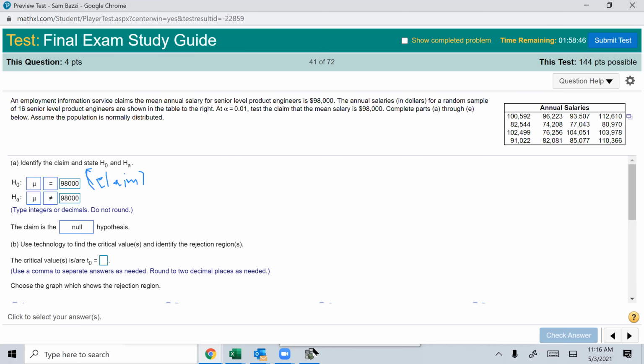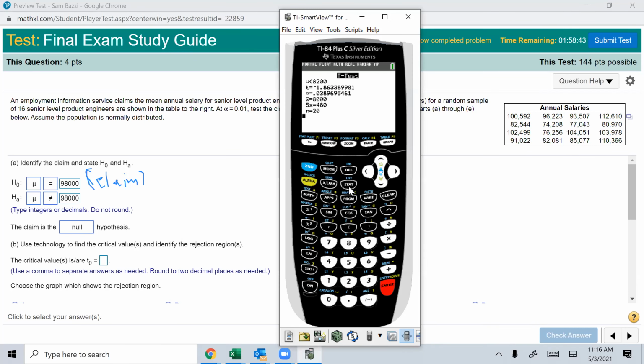Now, if you want to use this on the calculator, guys, you will have to go to stat edit and do data entry right here in L1. Put all the data in L1 and then go to stat, tests, t-test, select data, and select mu0, which is 98,000.